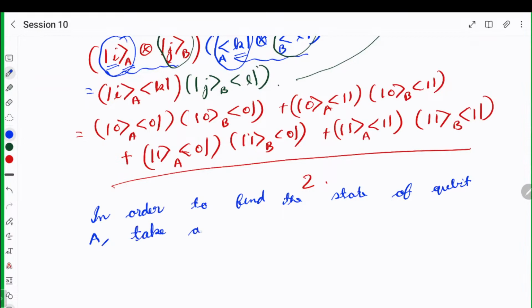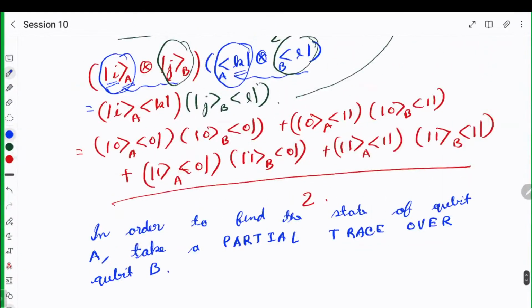We will see what that means. Partial trace over qubit B. Okay, so let's see what that means.